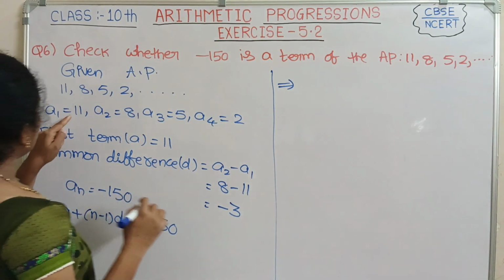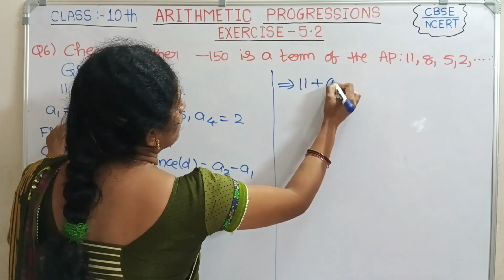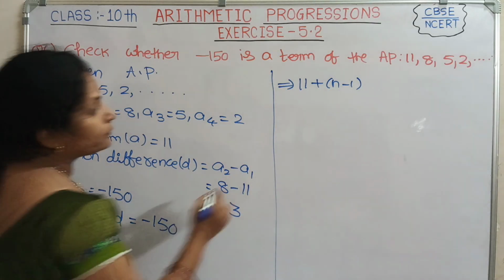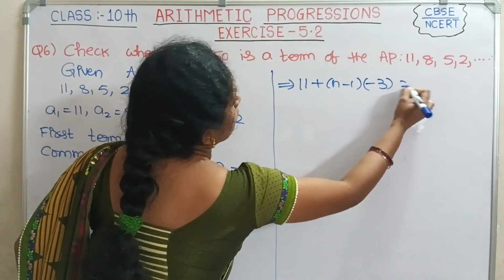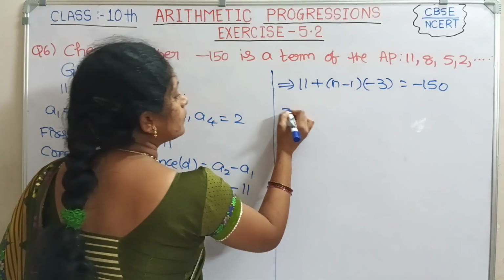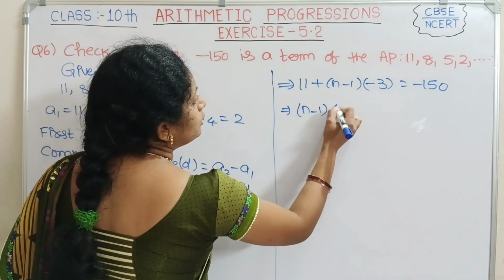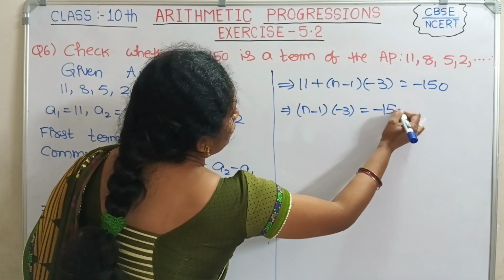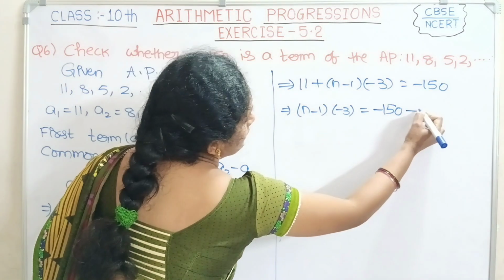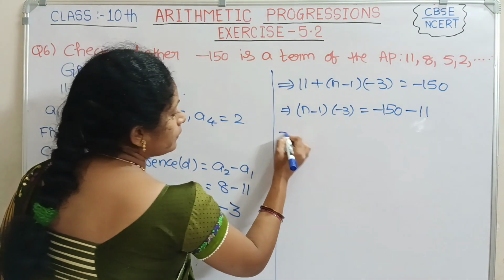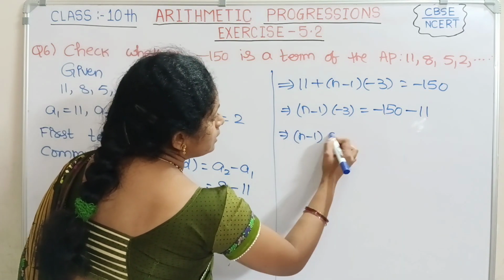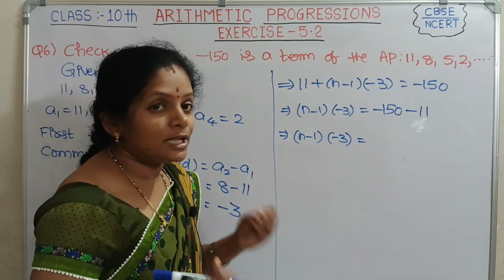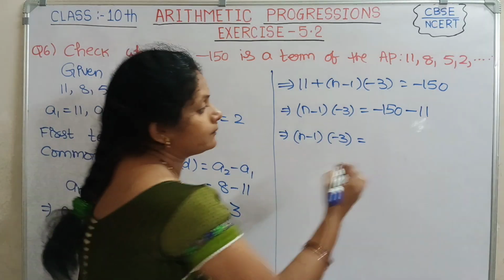A is 11 plus n minus 1 into D is minus 3 equals minus 150. n minus 1 into minus 3 equals minus 150 plus 11. If it goes to the other side, it will become minus 11. n minus 1 into minus 3 equals minus 150 minus 11. The addition of these two gives us minus 161.